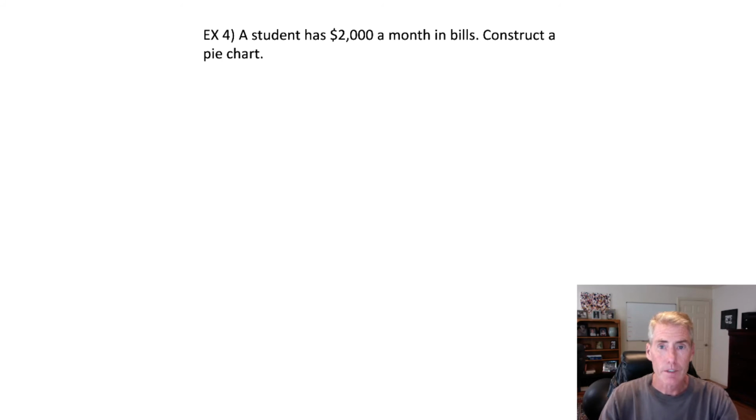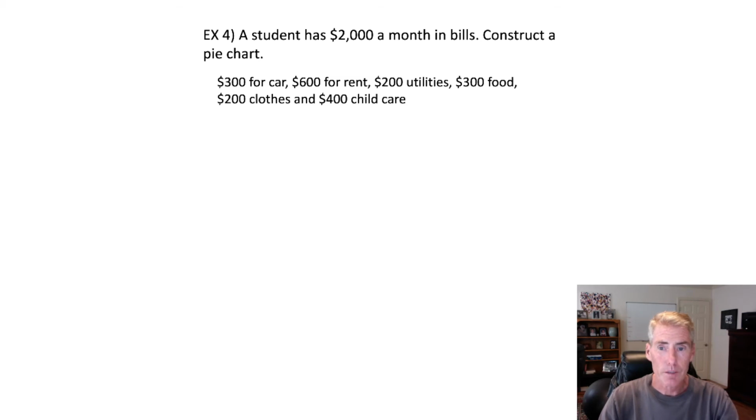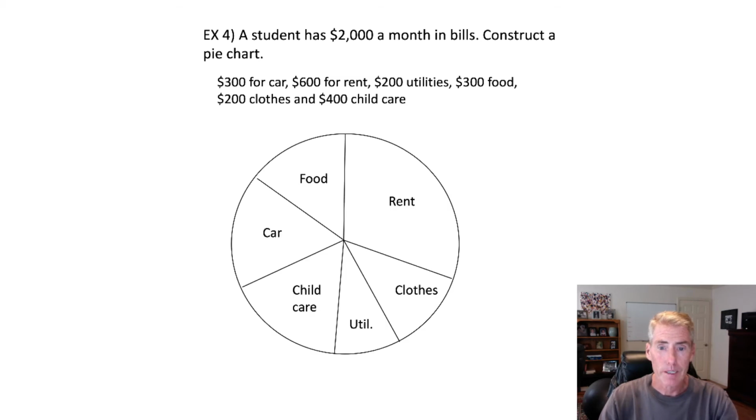Now what's called a circle graph, or more commonly a pie chart. We're going to use the same information, but then make a circle graph. When you draw these, it doesn't have to be perfect, but you can see that the rent is the biggest piece of the pie.